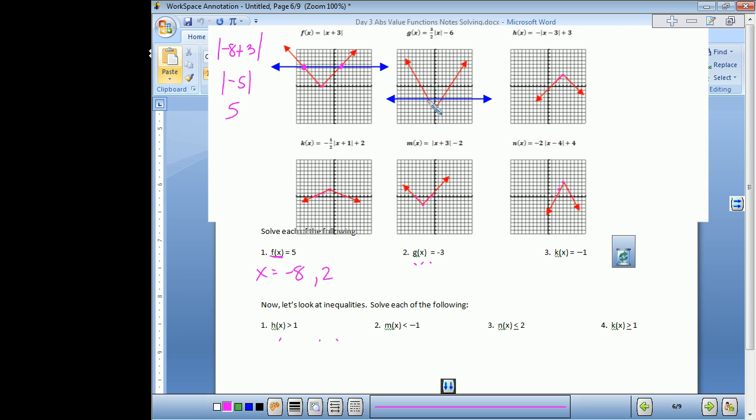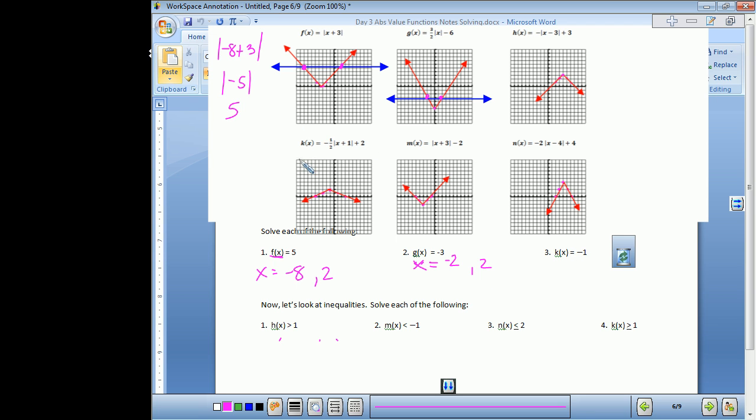Okay, so it appears it's right here and right here. So in this one it looks like those x values that correspond to that are negative 2 and positive 2. So if I plug in negative 2, I do get out negative 3. And if I plug in positive 2, I get out negative 3. So that would be the solution.